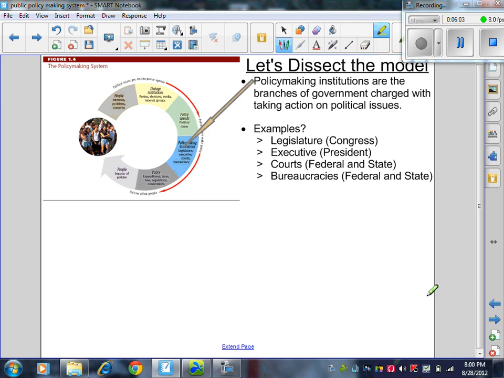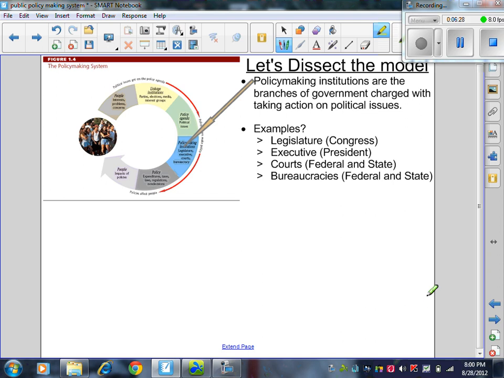The actual institution. The institutions are generally the branches of government that make the decisions, that actually make the public policies. So you go from the people who have an interest, have a problem, have a concern. They voice their concerns. They talk about those concerns to the linkage institution. The linkage institution thinks, this might make some sense. We need to really put this on something that we talk about, on our agendas, on our platforms as well.